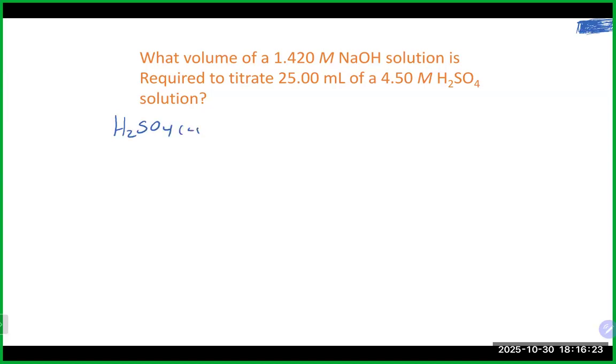H2SO4, sulfuric acid, plus sodium hydroxide. Again, it's going to be a double displacement here, and we should definitely get water formed. And our salt's going to come together. Remember, we do want to make sure we get the right formula first. So when sodium and sulfate come together, that is what you get, Na2SO4.